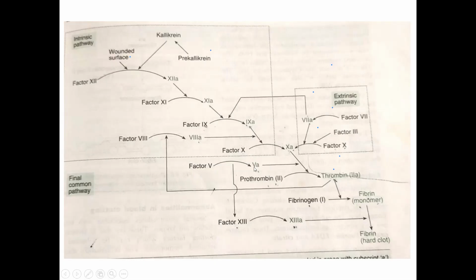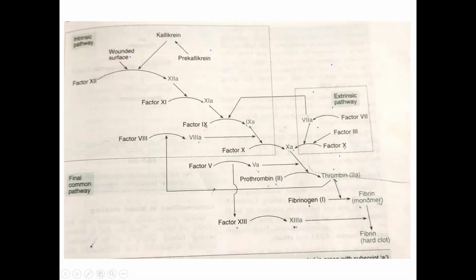This 5th A and 10th A jointly act on prothrombin, the second factor, to form thrombin, second A. This second A is very important. It acts on the inactive fiber compound, the plasma protein fibrinogen. The fibrinogen is a polymer, so it is converted into fibrin monomer, but it is in liquid form.